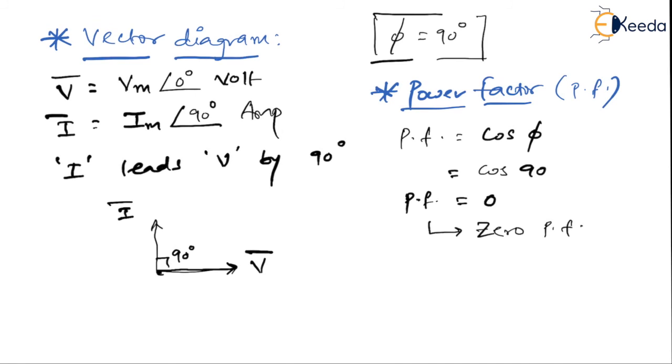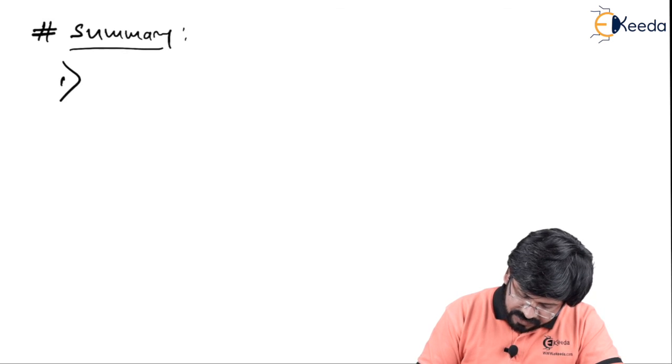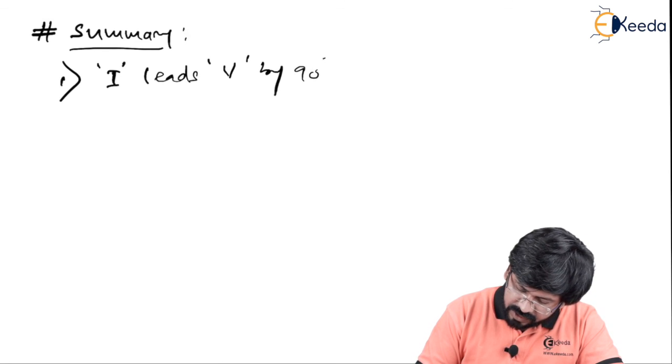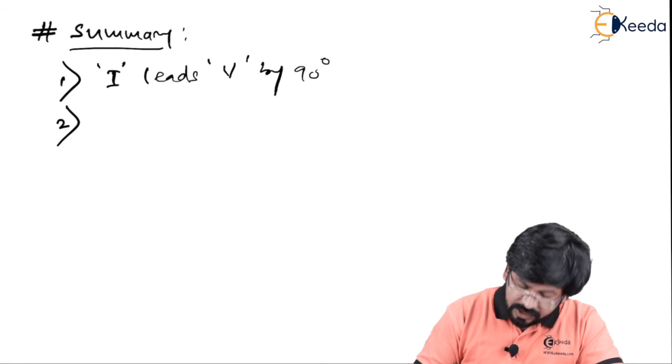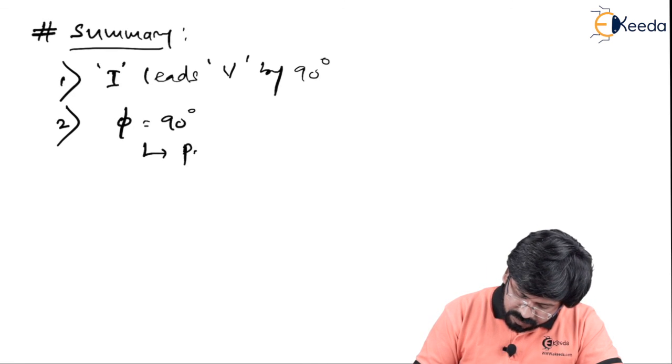Let us summarize capacitor, how it behaves when it comes to AC circuits. In case of capacitor, we have seen first, current leads voltage by 90 degree. Second, we have seen phase difference is 90 degree, means power factor is equal to 0.